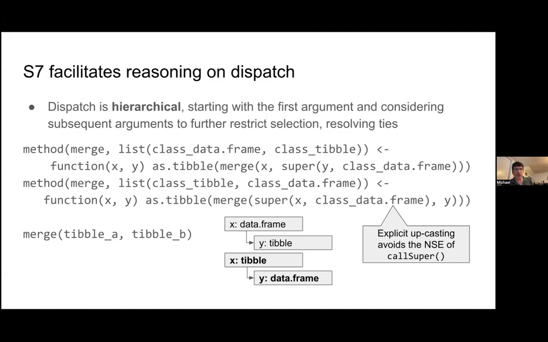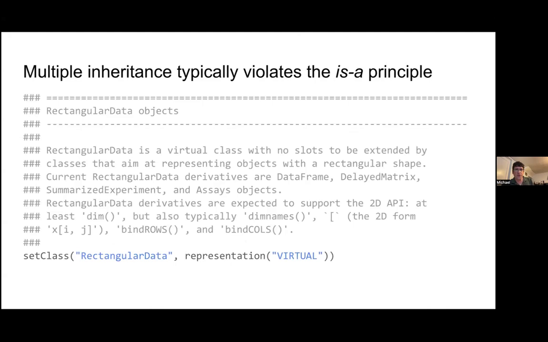Okay. So here's the thing though about multiple inheritance. I decided to use a real example from Bioconductor, and this was literally the first example that I found when I went looking, and it was sufficient for this. This is a class called rectangular data, and it's a virtual class that's extended by classes that want to represent objects with a rectangular shape.